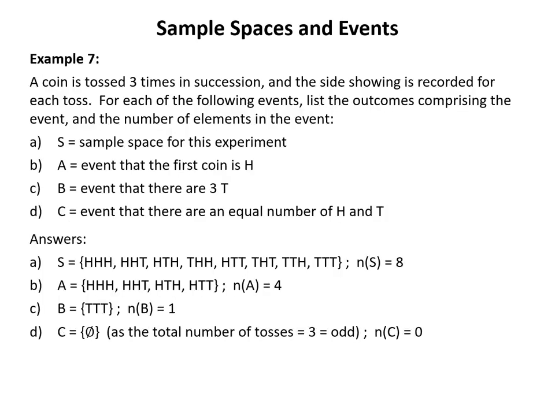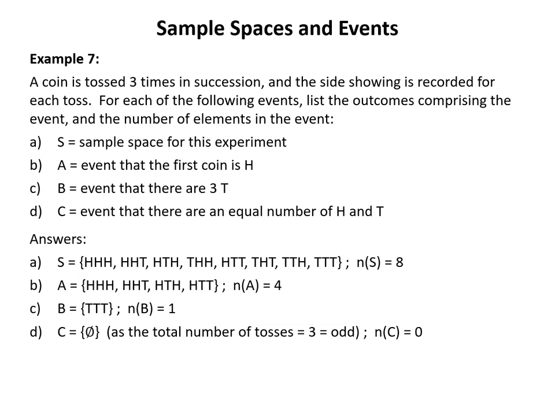In example 7, a coin is tossed 3 times in succession, and the side showing is recorded for each toss. For each of the following events, list the outcomes comprising the event and the number of elements in the event. So in part A, the event is actually S, the sample space for the experiment.